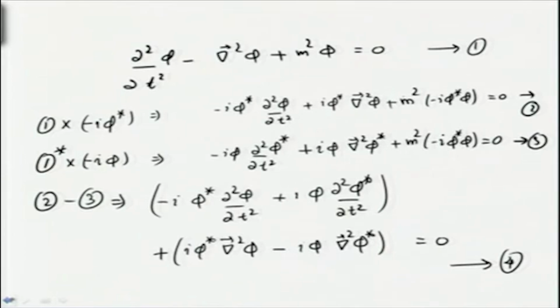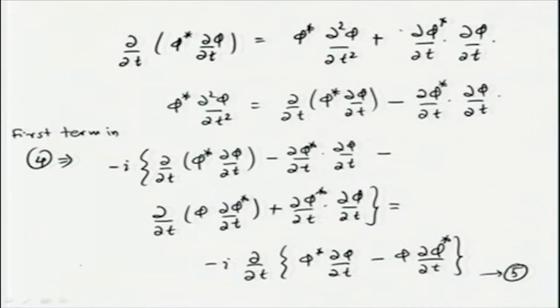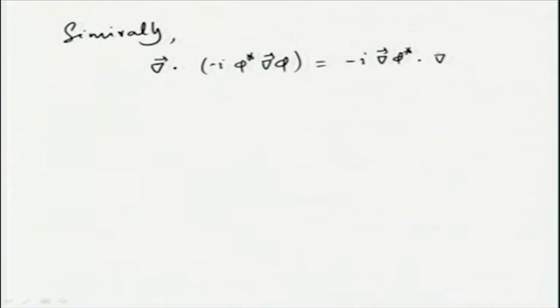Okay. So, now go back to equation 4. The second term is i phi star grad square phi minus i phi grad square phi star, and in exactly similar way as we did in the case of the time derivative, we can write the gradient of minus i phi star grad phi as minus i grad phi star dot grad phi minus i phi star grad square phi.